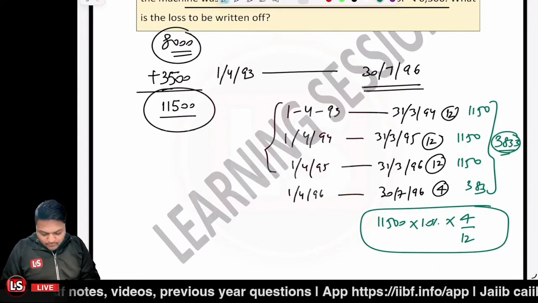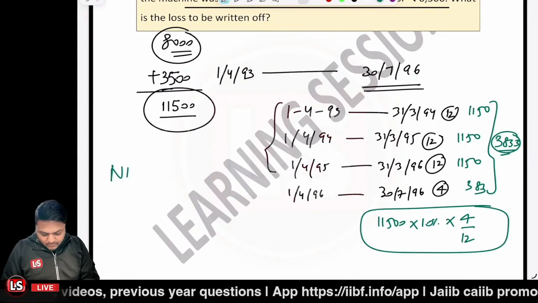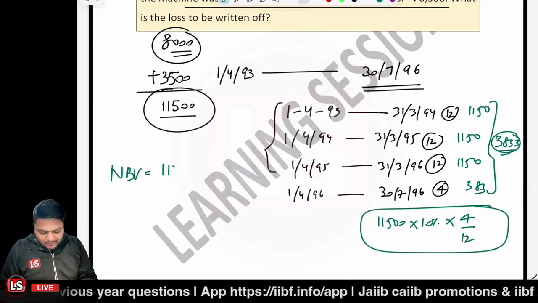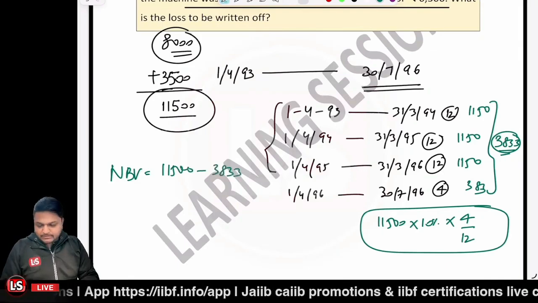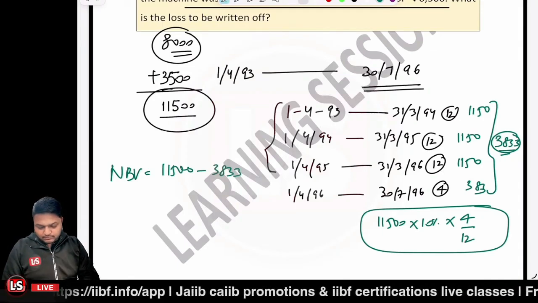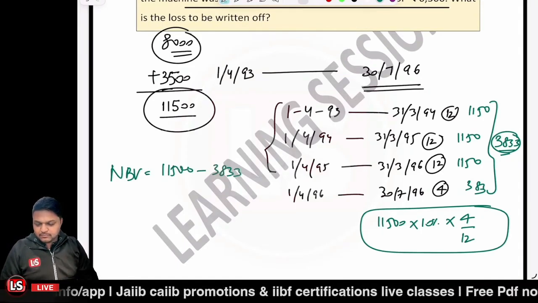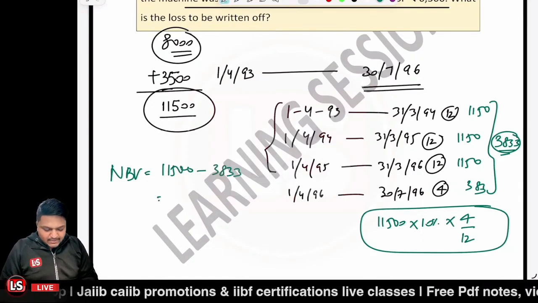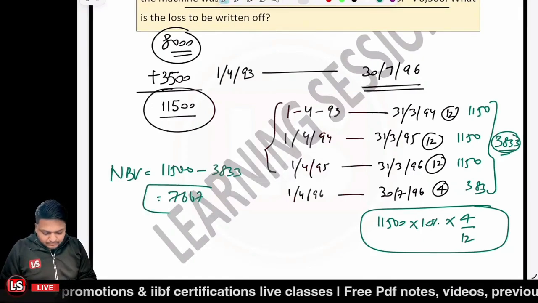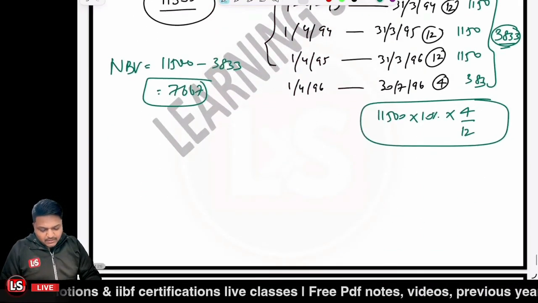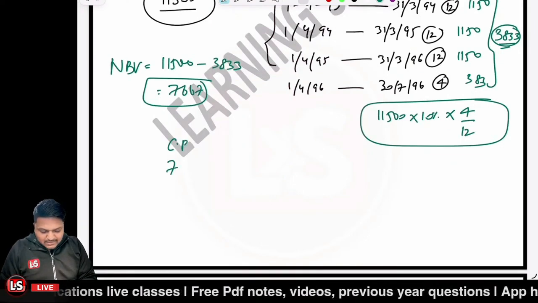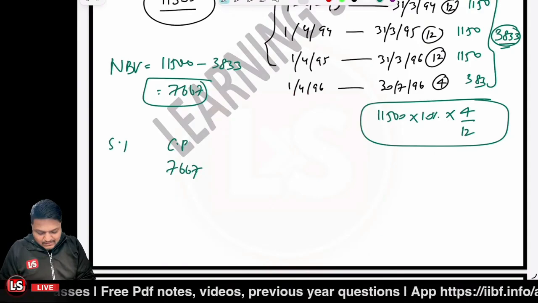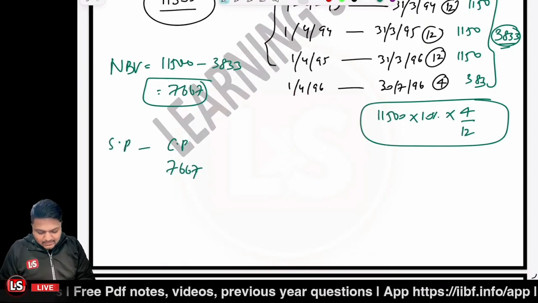So what will be the net book value? Net book value will be 11,500 minus total depreciation of 3833. That is 7,667, right? So the cost price is 7,667 and selling price is 6,500, I guess.